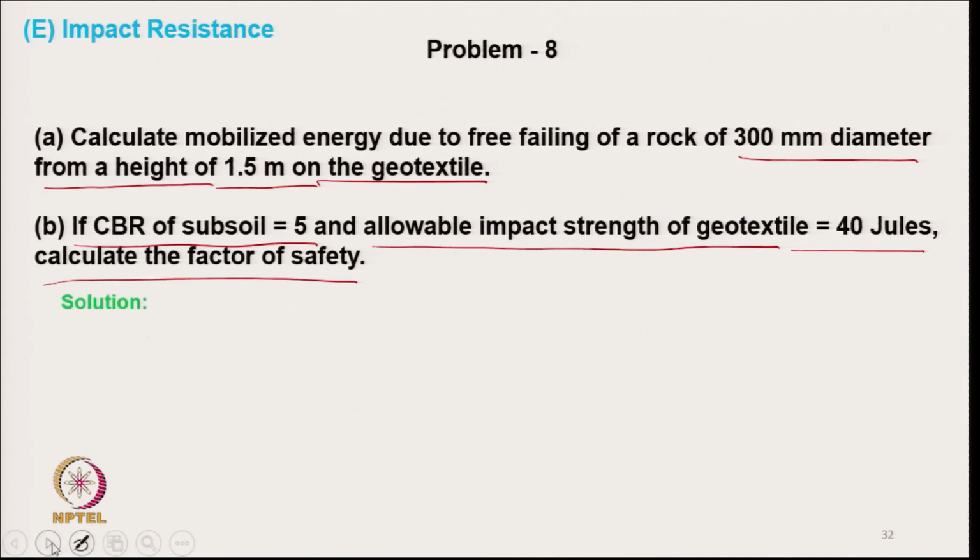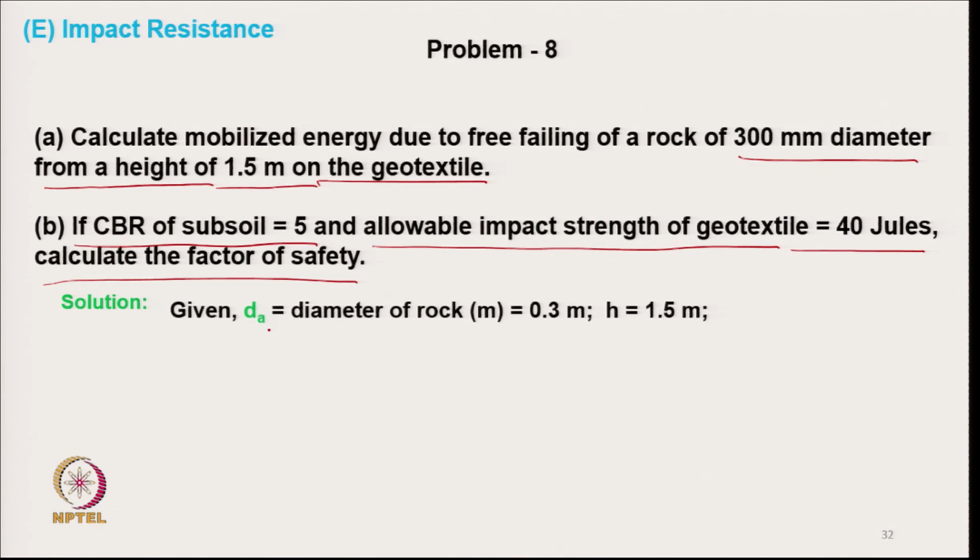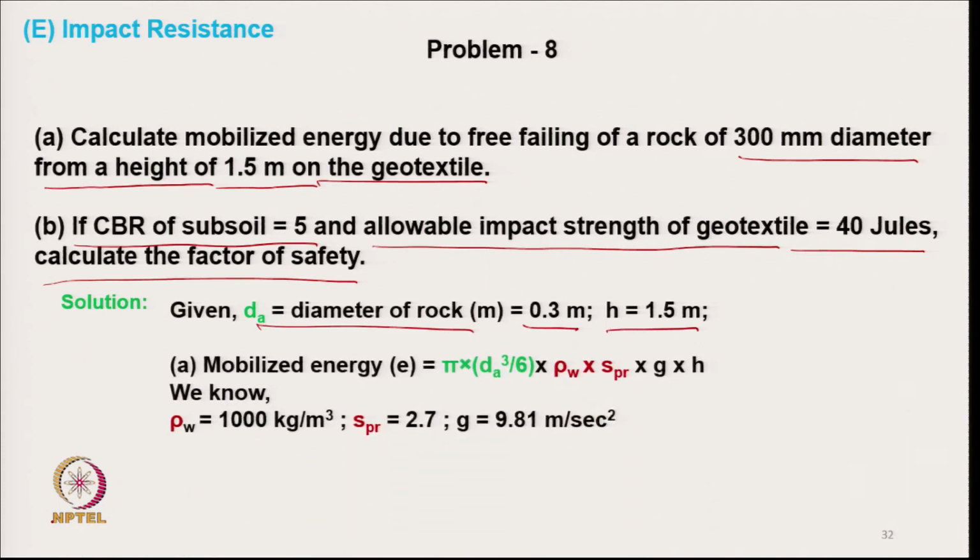So, dA is the diameter of the rock, 0.3, H is 1.5, and the mobilized energy is given by the formula with pi, dA, rho w which is 1000 for water, and the specific gravity of rock is 2.7, g value is known, H is 1.5.